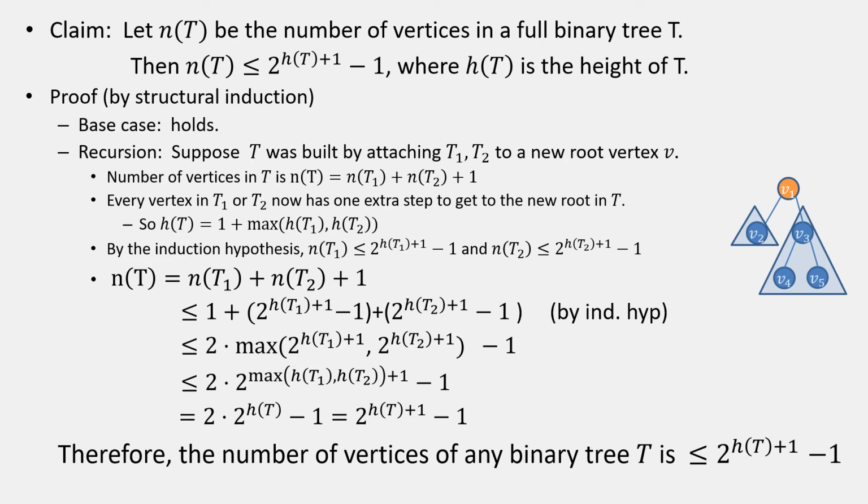So again, the number of nodes n in T is the number in T1 plus the number in T2 plus 1 for that new root node V, which is 1 plus 2 to the height of T1 plus 1 minus 1 by the inductive hypothesis, plus the same thing for T2. And now, as before, we could take a maximum.